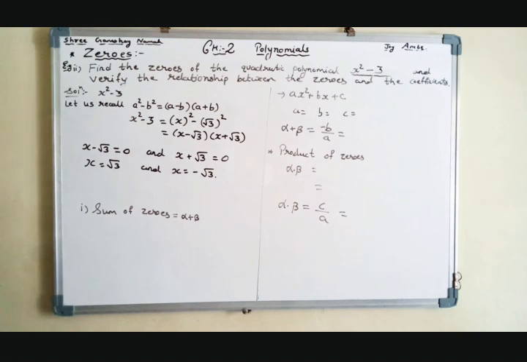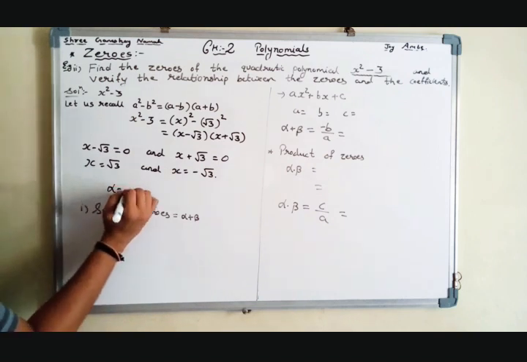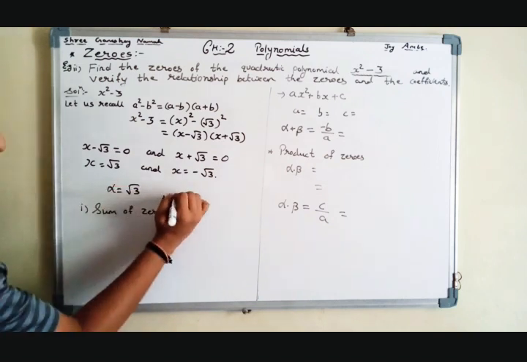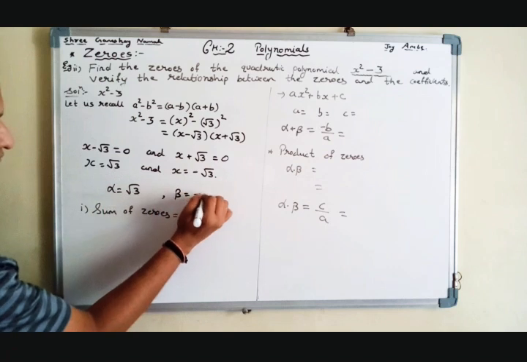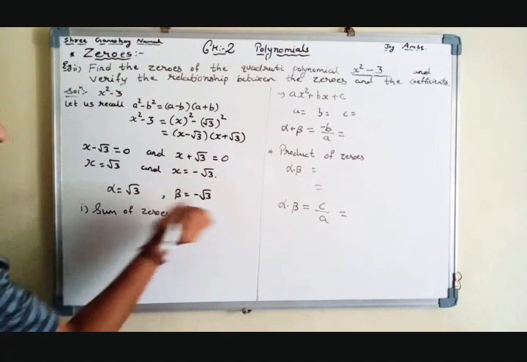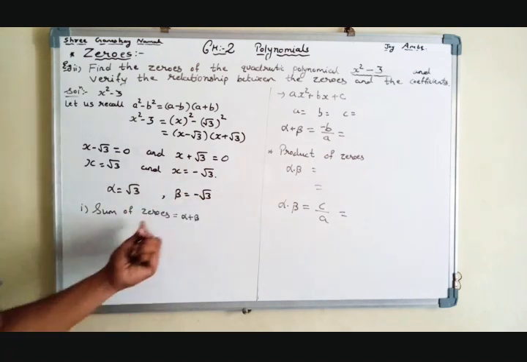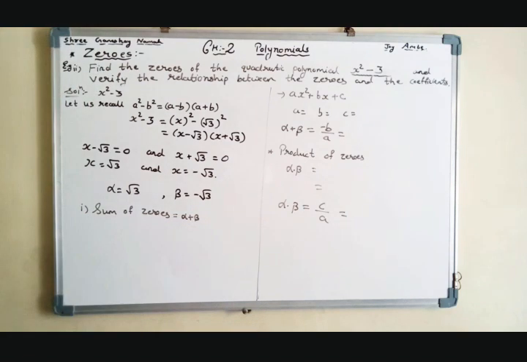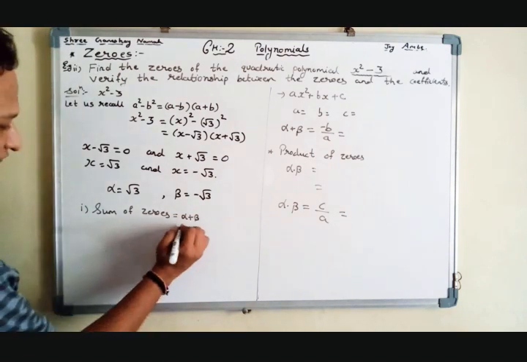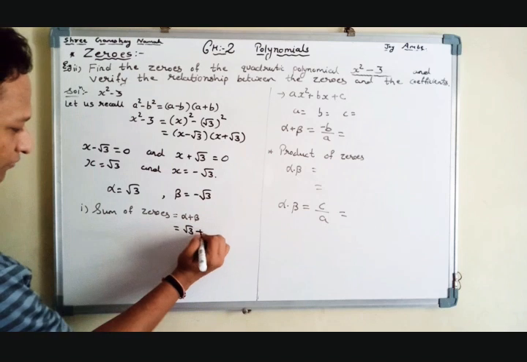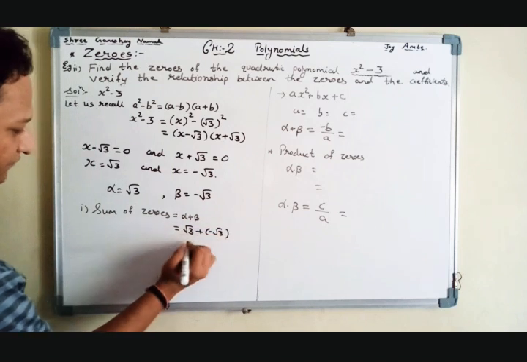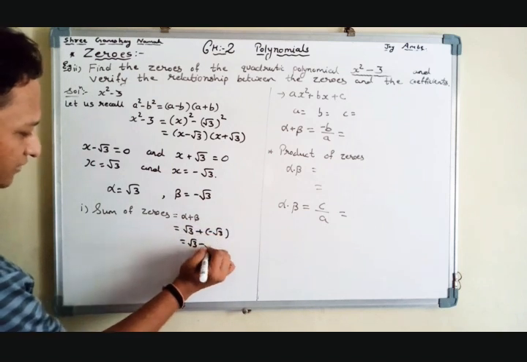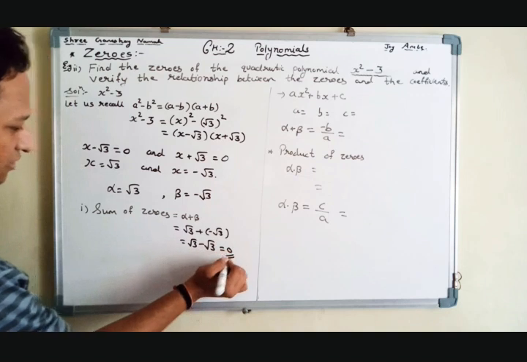So we get alpha and beta, two zeros. Now we will find the sum of zeros by direct addition. Alpha is root 3 plus beta is minus root 3, plus minus minus, that is 0.